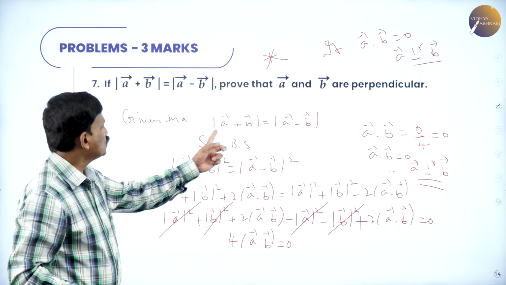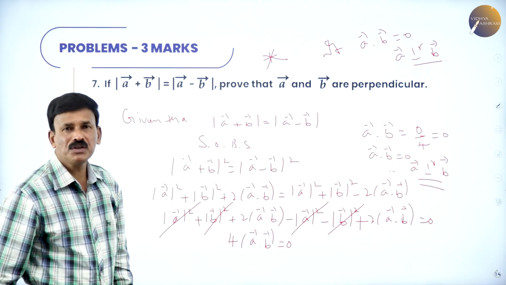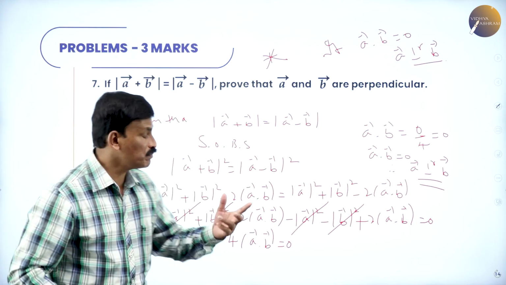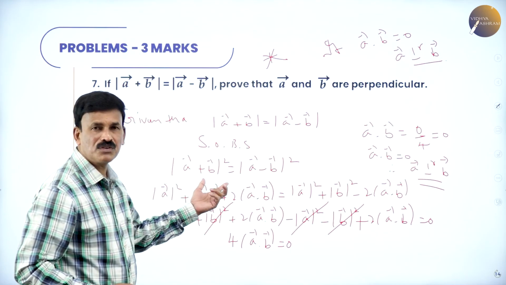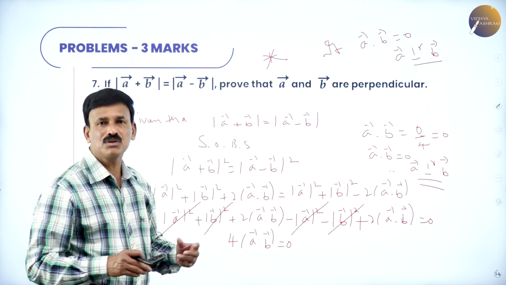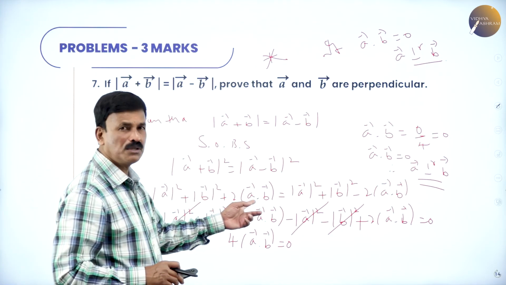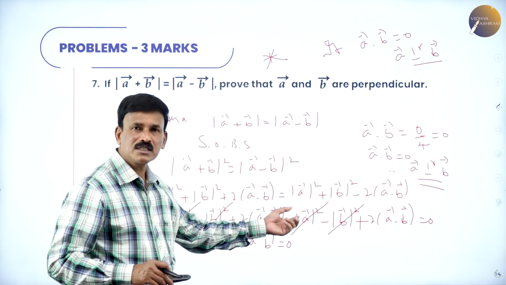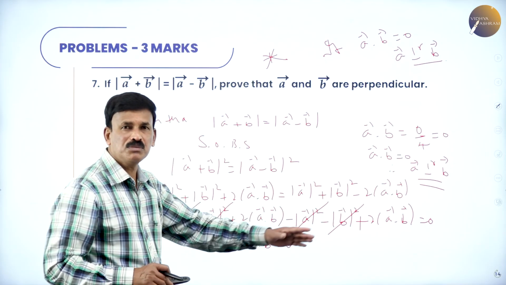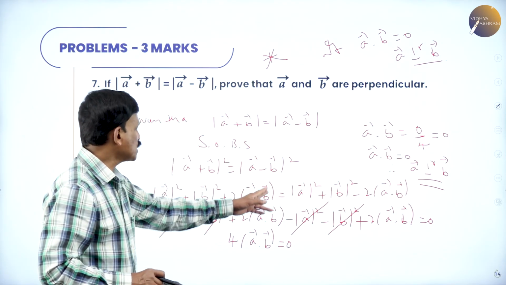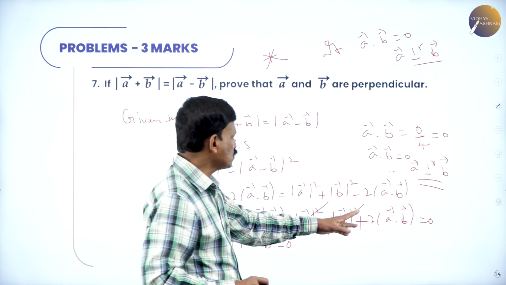Let me explain again. What is given? Magnitude of A plus B is equal to magnitude of A minus B. Squaring on both sides. You know the formula for A plus B whole square and A minus B whole square. Substitute it. Length of A square plus length of B square plus 2 times A dot B is equal to length of vector A square plus length of vector B square minus 2 times A dot B. Transfer to the left hand side. Plus becomes minus and minus becomes plus.